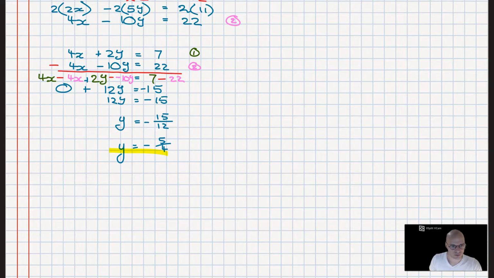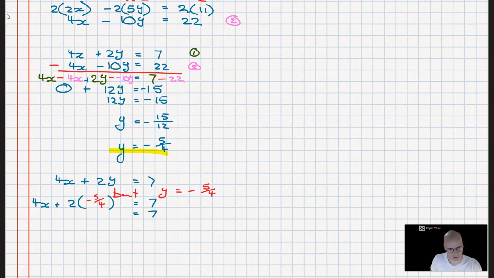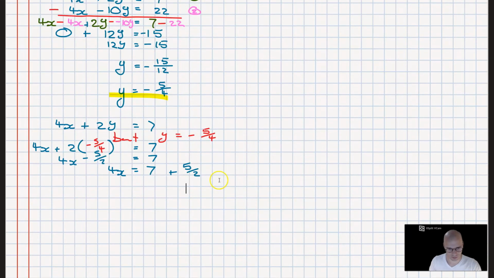Now going back and solving for x, we can grab 4x plus 2y equals 7. But y equals minus 5 on 4. This is going to become minus 5 on 2, plus 4x. Moving the constants to the right-hand side, changing the 7 to a fraction with a common denominator, that's going to be 14 on 2. It's getting a little bit messy, but just persevere.